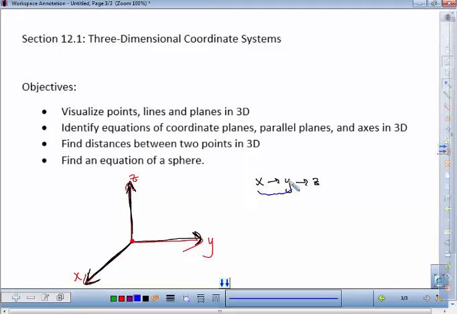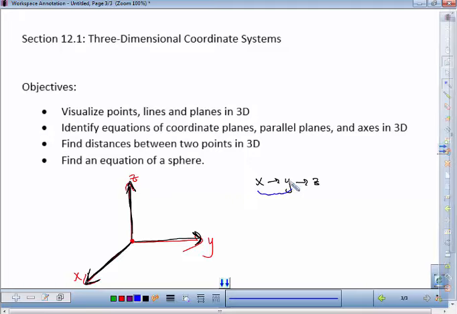If you want, take 3 pencils, and identify which one's the x, which one's the y, and which one's the z. For example, the blue is my x, and my red is my y, and I'm going to wrap my right fingers around the blue first, because that's the x, and then the red, the y, then my z is going to have to go straight up.